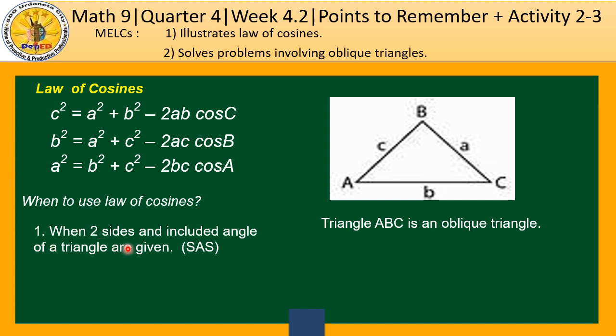Number 1, when two sides and the included angle of a triangle are given, that is SAS, or side-angle-side. Case number 2, when three sides of a triangle are given, or side-side-side.